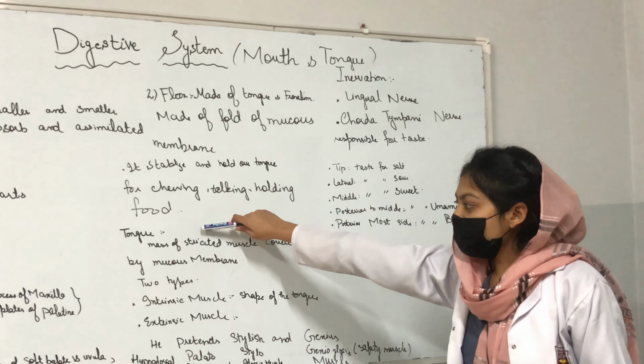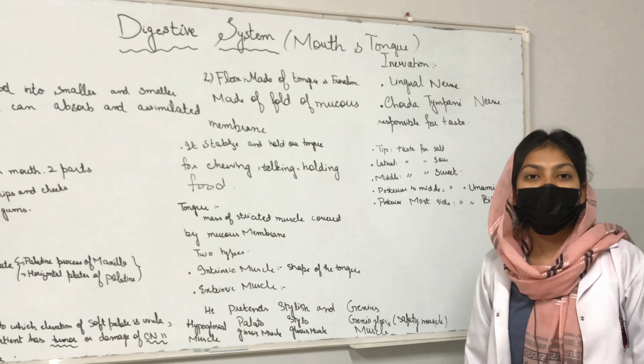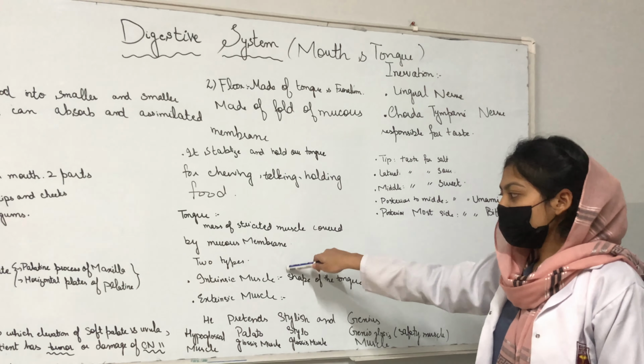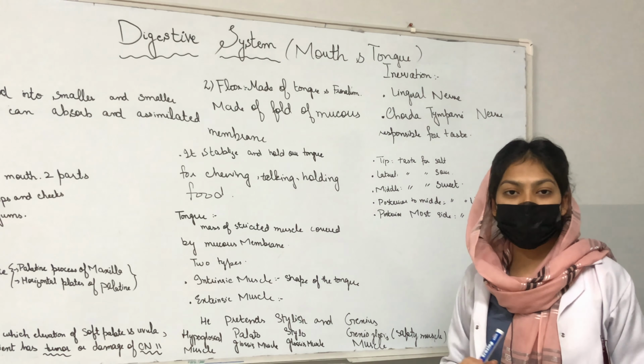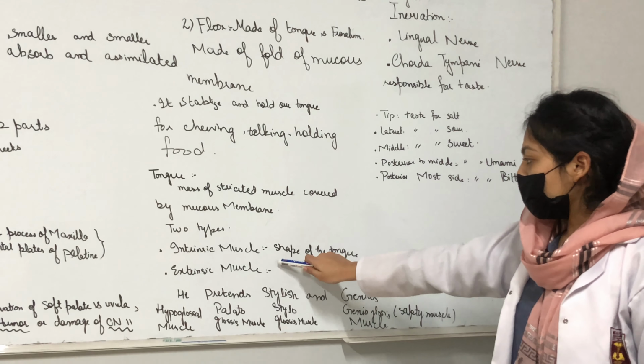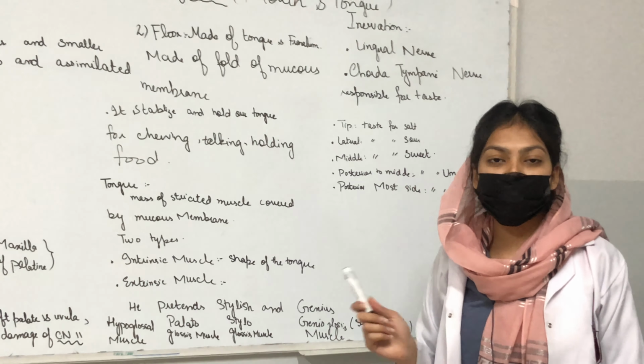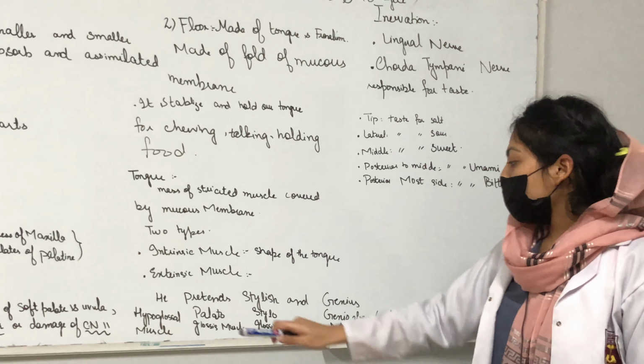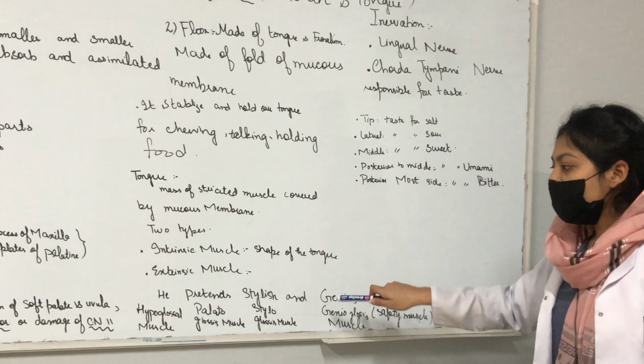Okay, let's start our second part, that is tongue. Tongue is made up of striated muscles and covered by mucous membrane. It has 2 types, intrinsic muscle and extrinsic muscle. Intrinsic muscle is responsible for the shape of the tongue, and for extrinsic muscle we have a mnemonic, "He pretends stylish genius."